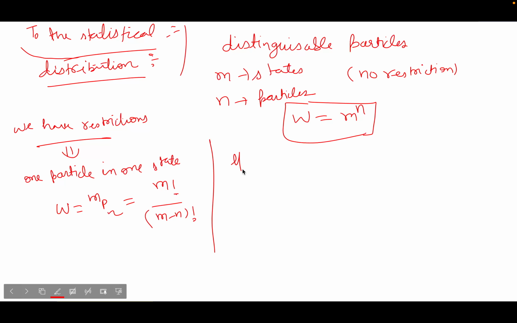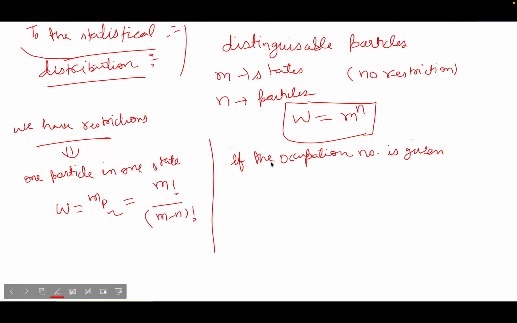What if the occupation number is given? These are very important formulas. You can just listen to these formulas and apply them according to the question, and you can get the distribution very easily.